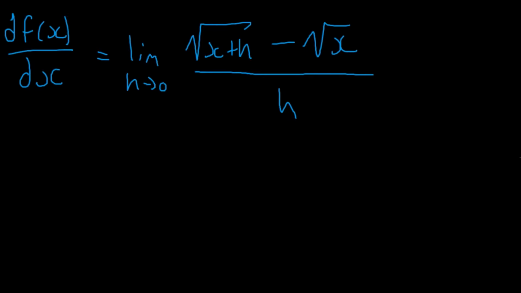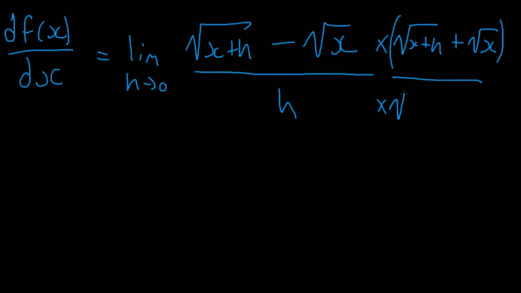Okay, so now we have this limit as h approaches 0. What we want to do is rationalize the numerator. So let's go ahead and rationalize the numerator. If you remember from last time we did it, all we're going to do is multiply by the conjugate of it. So now it's going to be plus root x at the end, and what that accomplishes is that it will actually square each term individually.